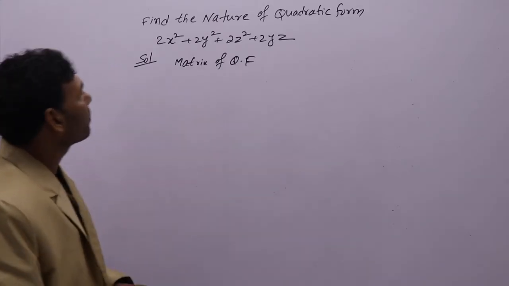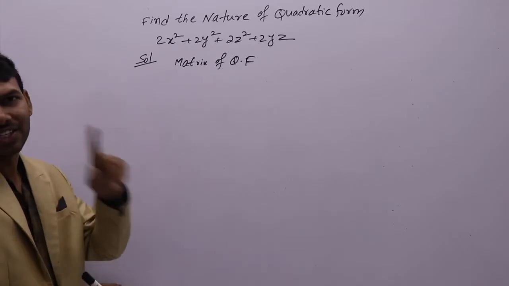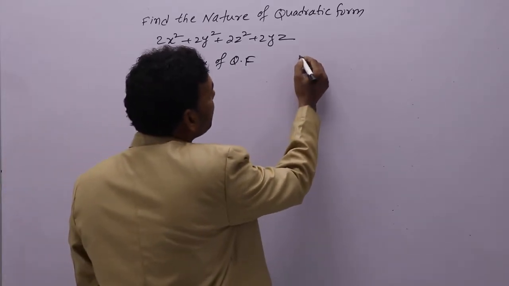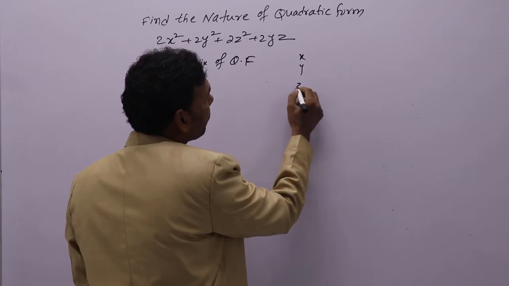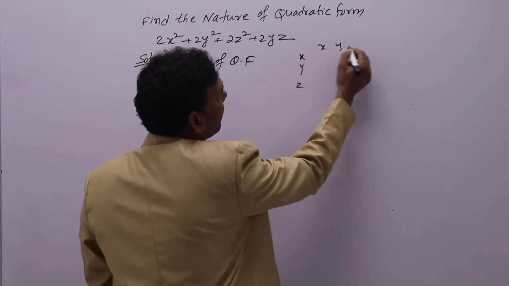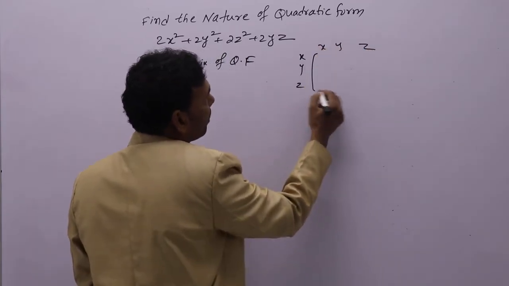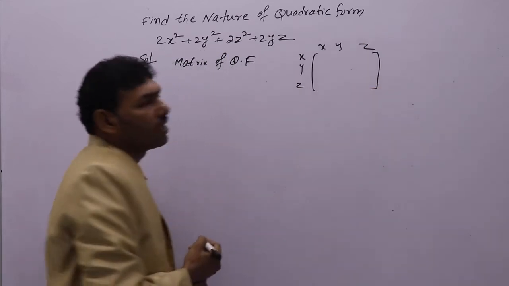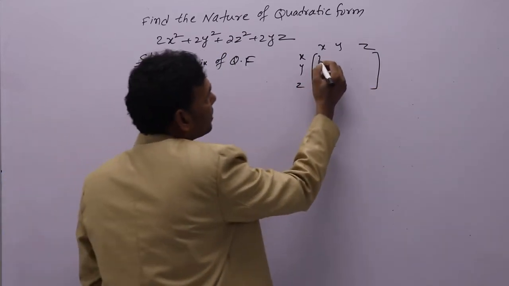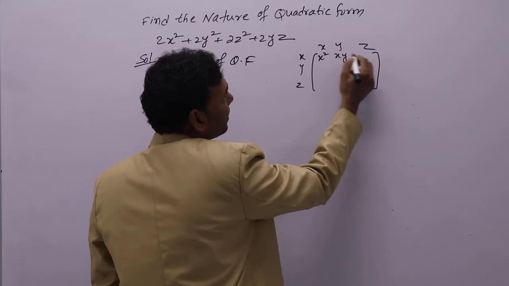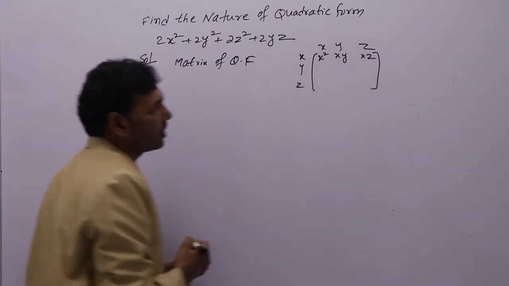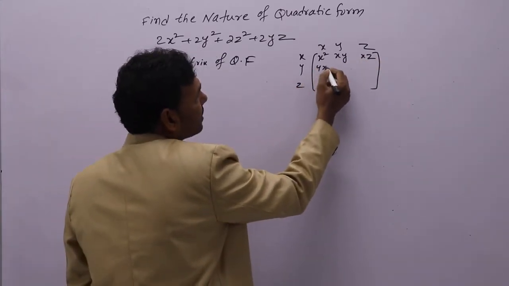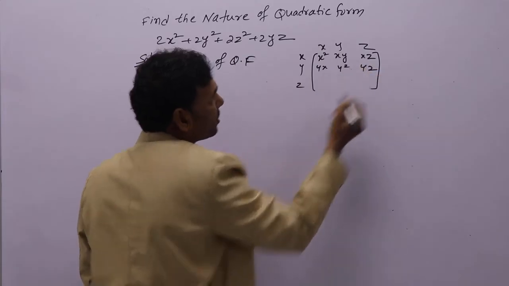Here, how many variables are you having? 3: x, y, z. So for 3 variables, you need to prepare a small matrix like this: x, y, z, and x, y, z. Now multiply. x into x, x square. x into y, xy. x into z, xz. yx, y square, yz.